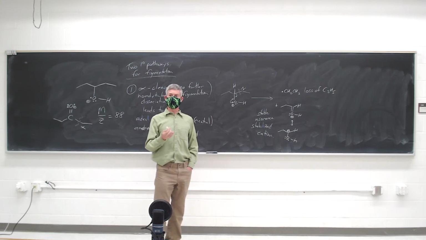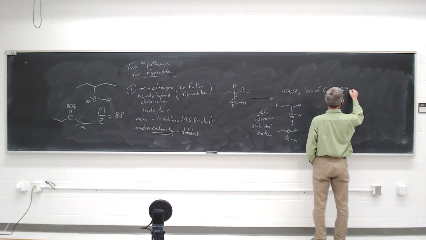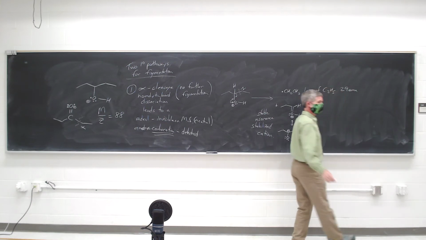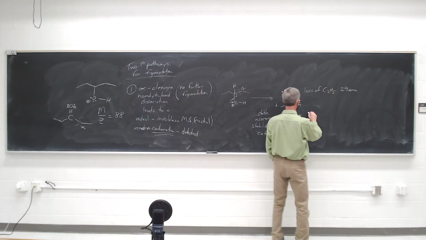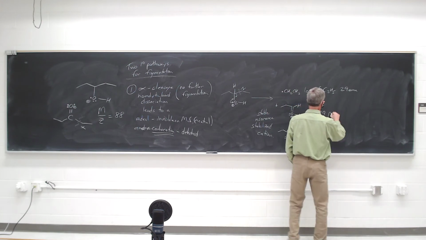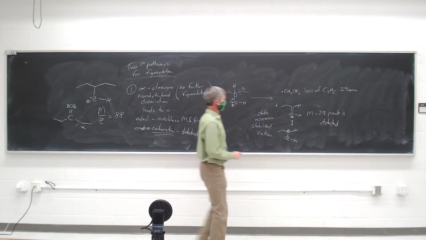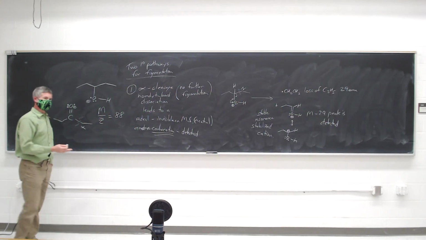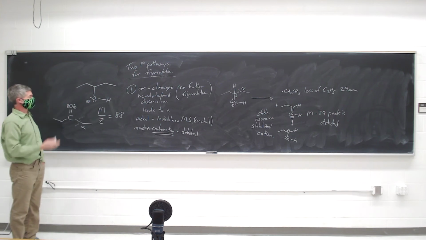And C2H5 has a molecular mass of 29 atomic mass units. So what we're going to see here is an M-29 peak. So instead of a peak at 88, we're going to have a peak at 88 minus 29.